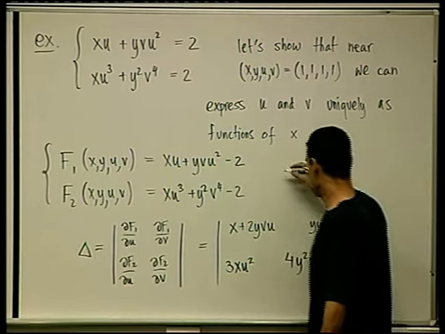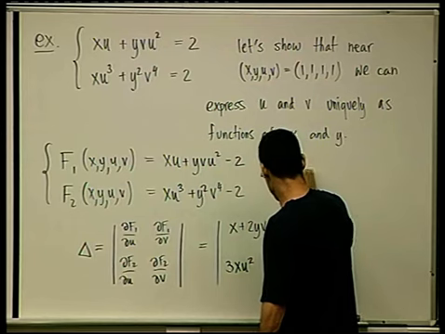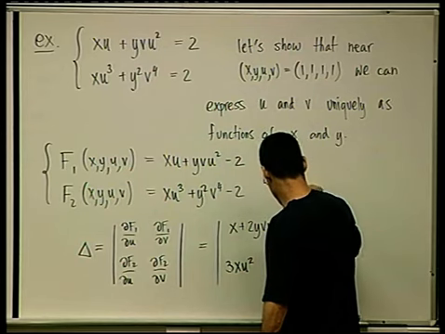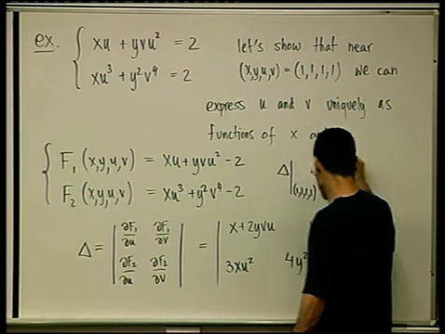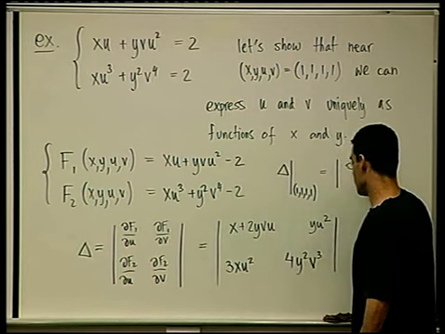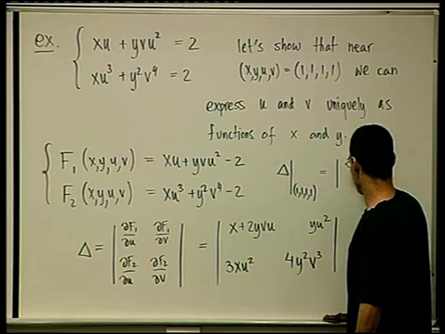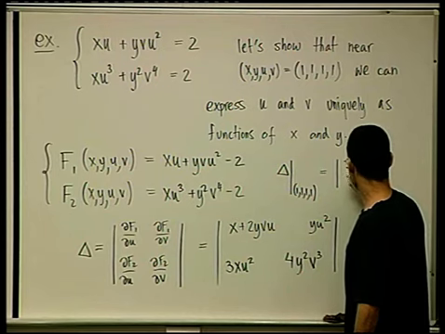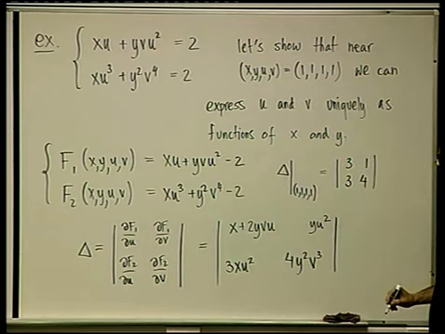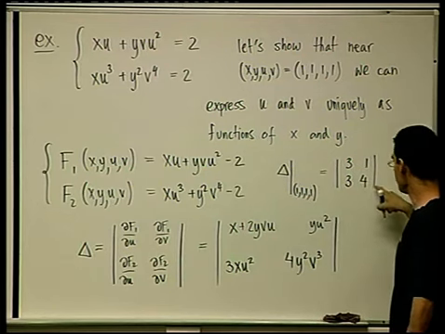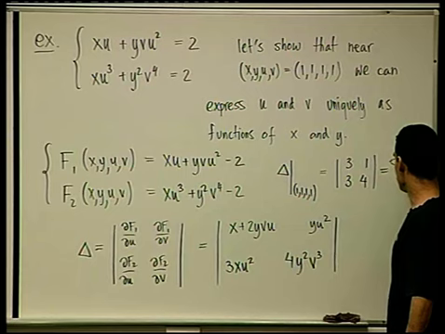So let me write that here. This determinant evaluated at the point 1, 1, 1, 1 equals the matrix, what did we say? 3, 1, 3, 4. And it's easier to find the determinant now. It's 12 minus 3. It's 9.